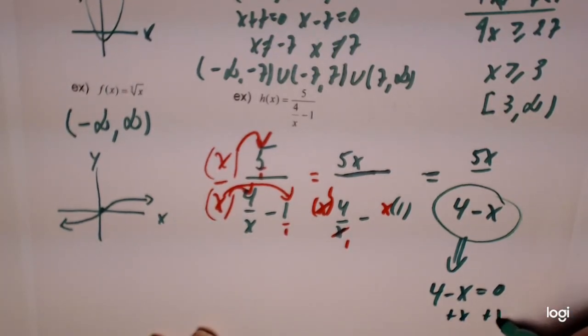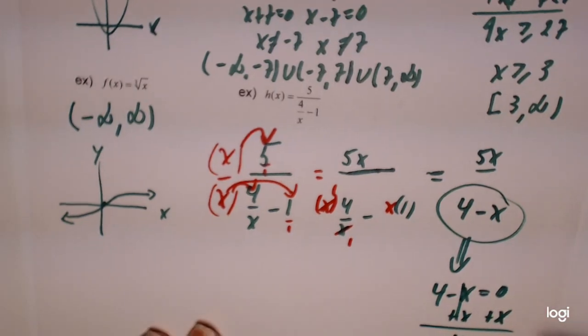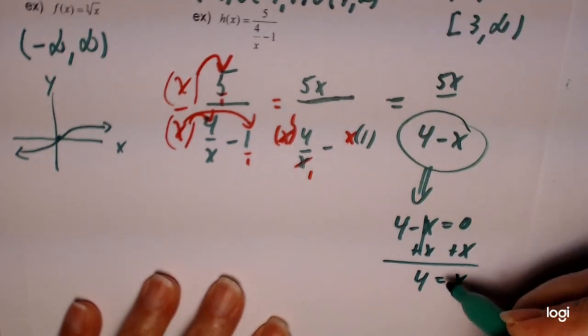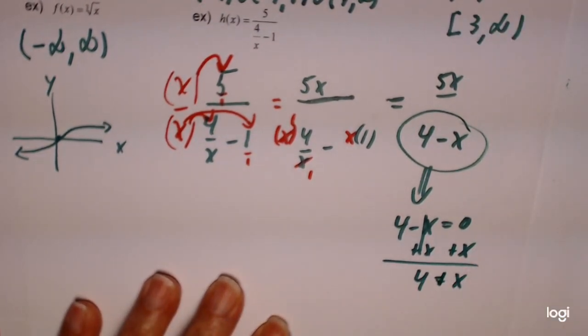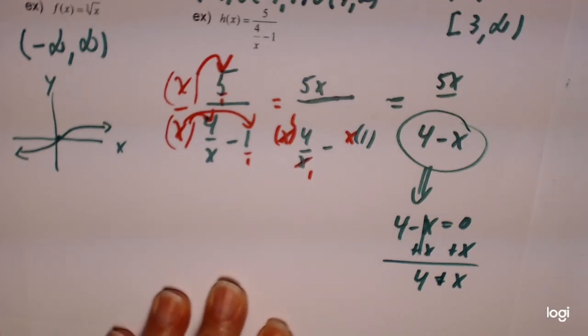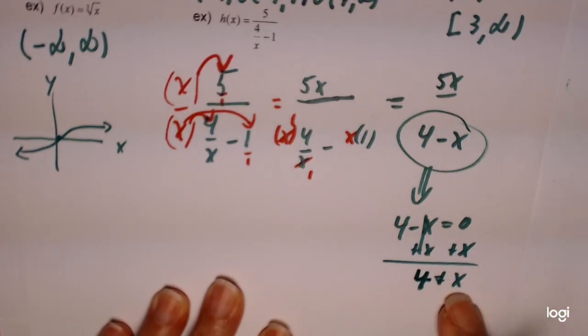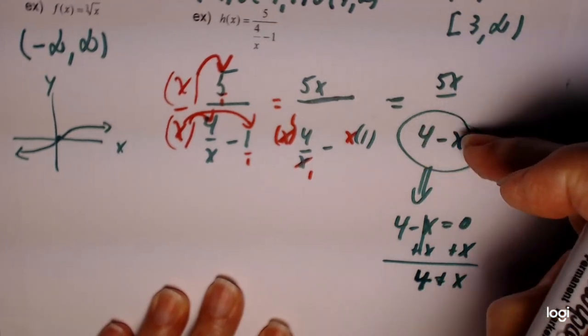Let's add x to both sides, and we have 4 equals x. 4 cannot be equal to x, so 4 has to be kicked out of our domain, because we see 4 minus 4 would create a 0 in the denominator.